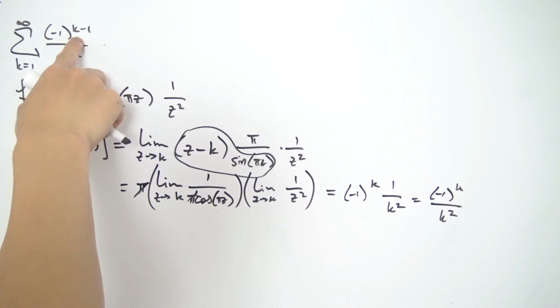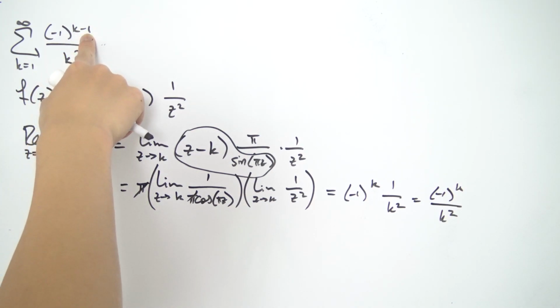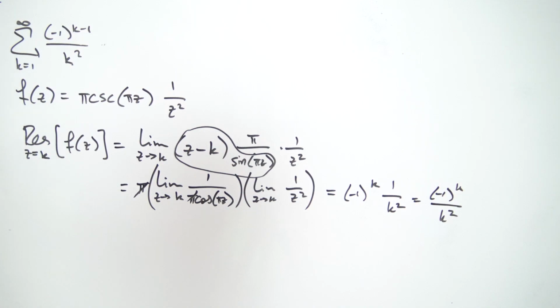We needed a k minus 1, and the reason why we need a k minus 1 in particular is so our first term is positive. So in fact, that's not too difficult to fix, because all we have to do is to multiply a minus 1 everywhere over here.